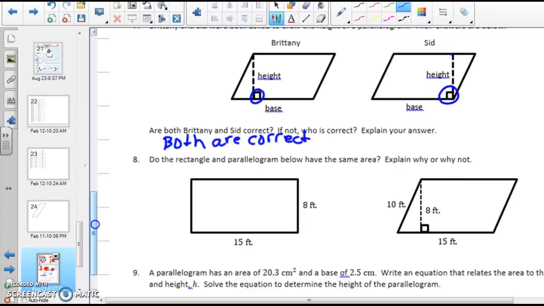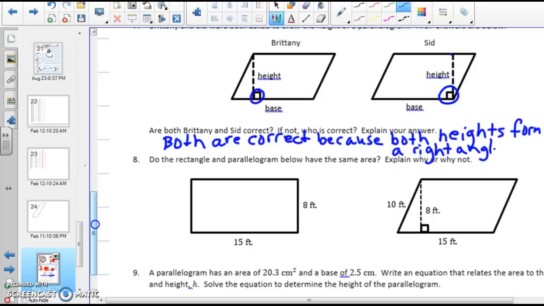So both are correct because both heights, look at both of the heights, both heights form a right angle to the base. Now your answer doesn't have to be exactly like mine, but hopefully it mentioned the right angle that the height forms. And if you didn't explain your answer, make sure you go back and do that now.